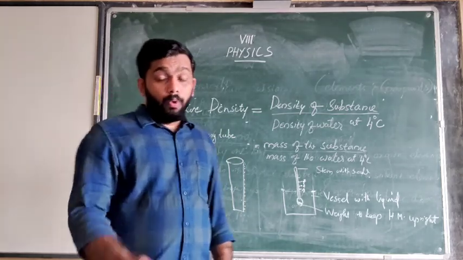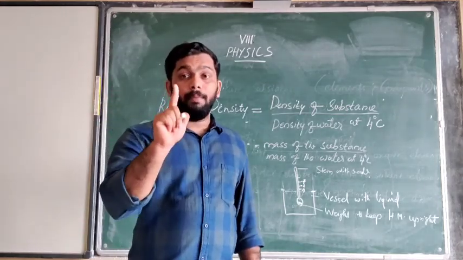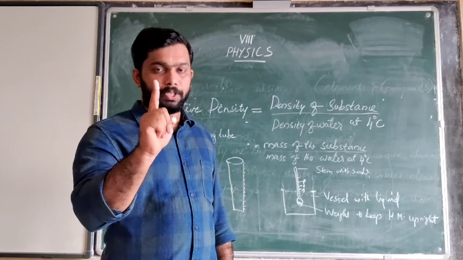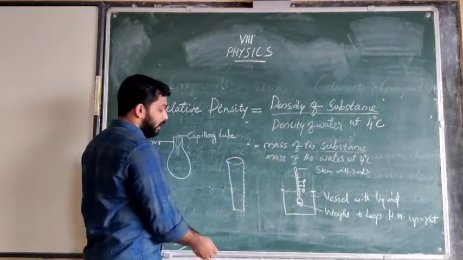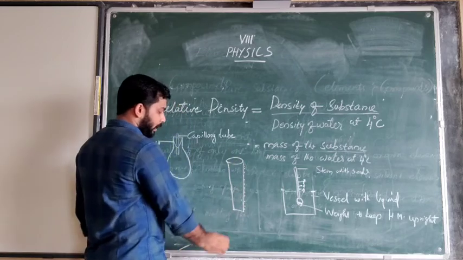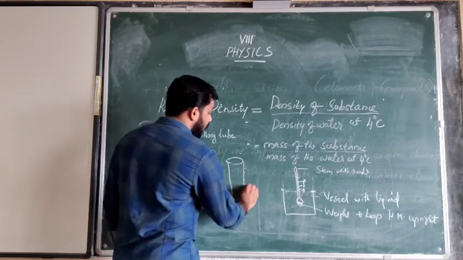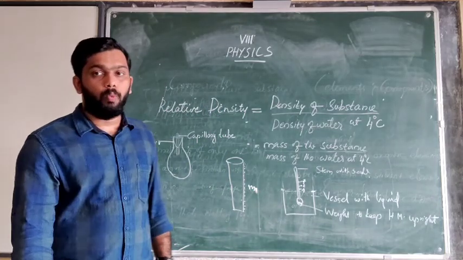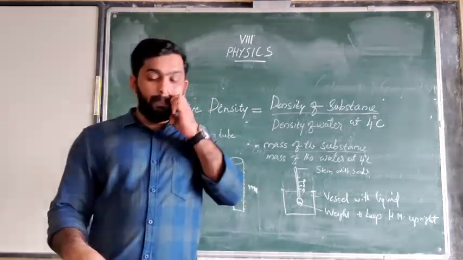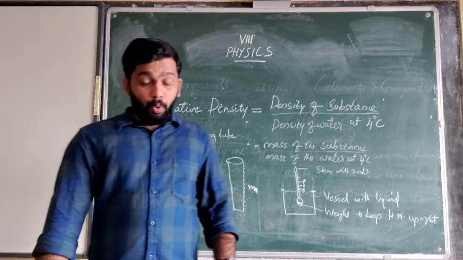First step, find the mass of the empty measuring cylinder without pouring anything, the dry measuring cylinder. Let it be M1. Second step, pour the liquid.